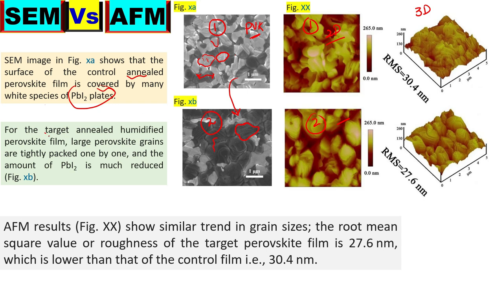But for the target film, meaning the modified film, which we also annealed and exposed to the humidifier, large perovskite grains are tightly packed one by one, and the amount of lead diiodide is much reduced. And we can write that it's shown in figure XB. So this is how we can write. You can modify this discussion according to your requirement.